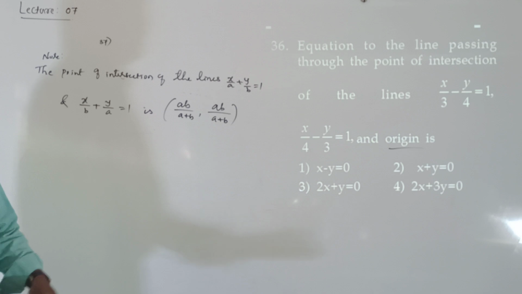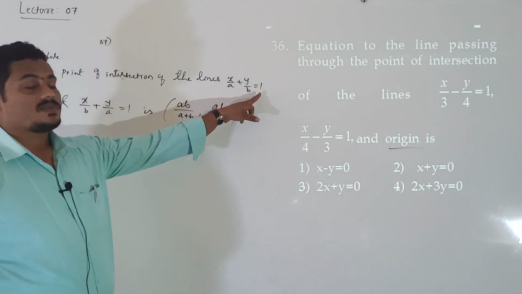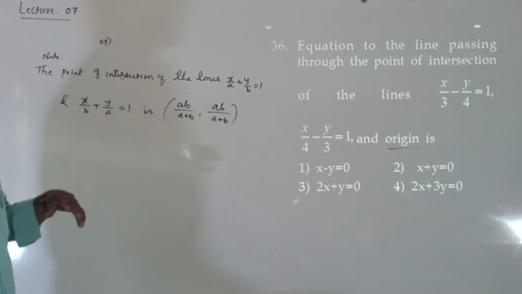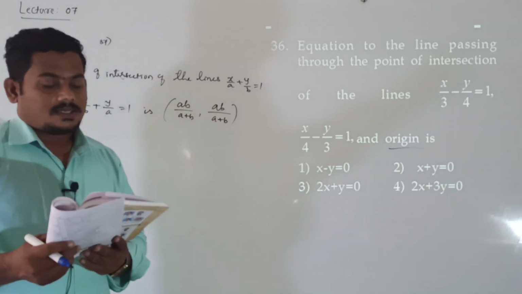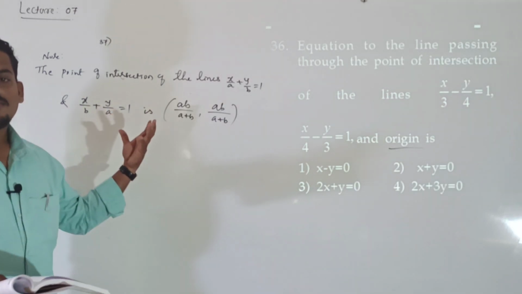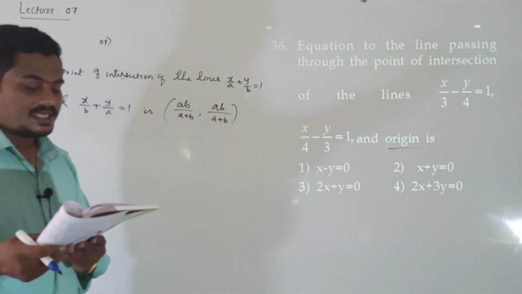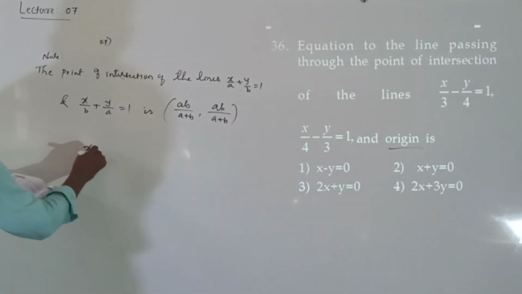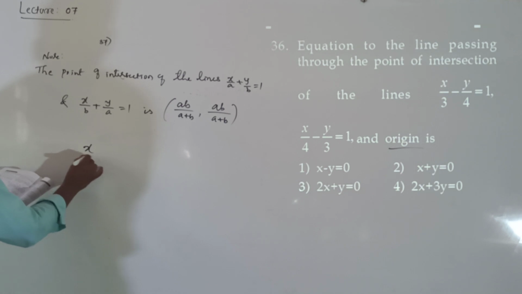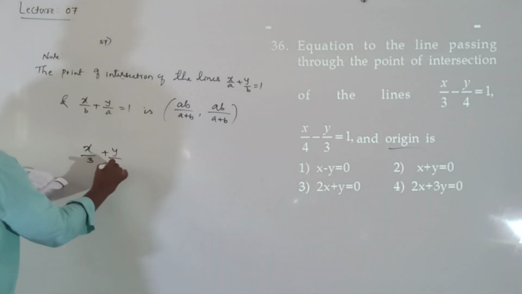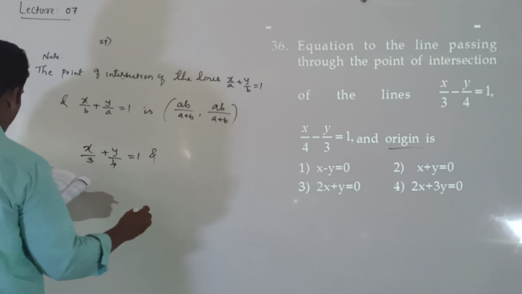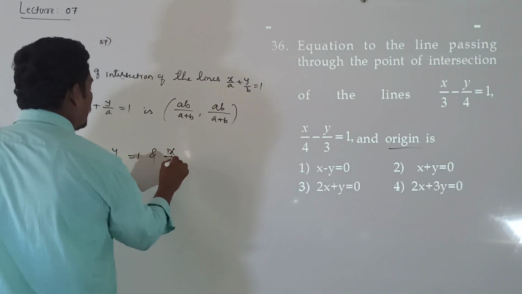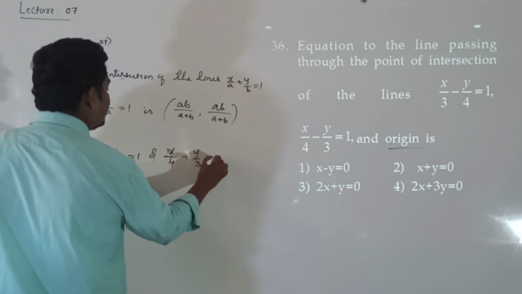Point of intersection of the lines x by a plus y by b equal to 1, another line is x by b plus y by a equal to 1, right? For 37, just use this formula for finding point of intersection. 37 is point of concurrence means meeting point. Point of concurrence of x by 3 plus y divided by 4 is equal to 1 and one more line x divided by 4 plus y divided by 3 is equal to 1.